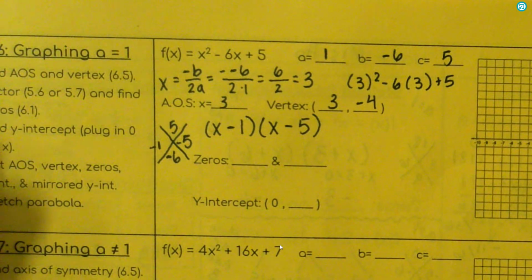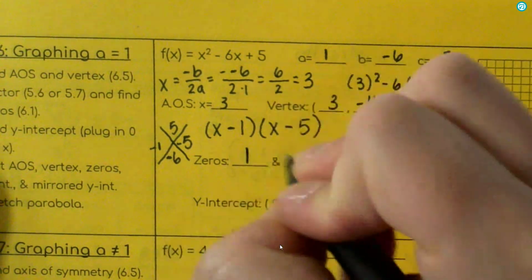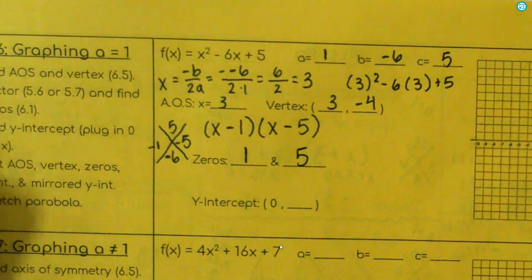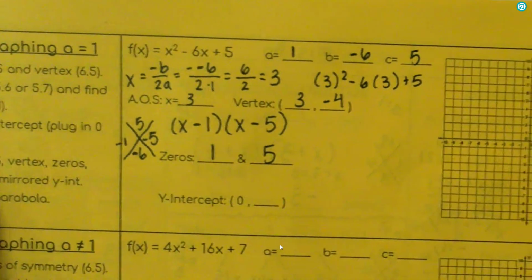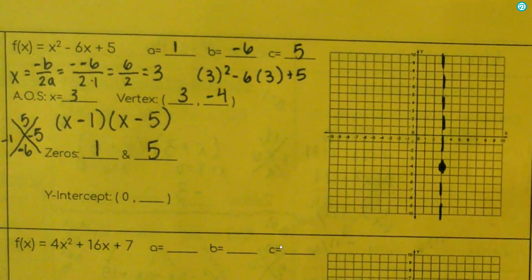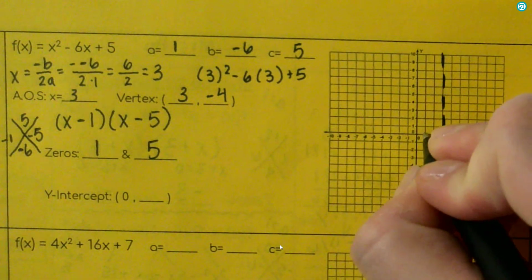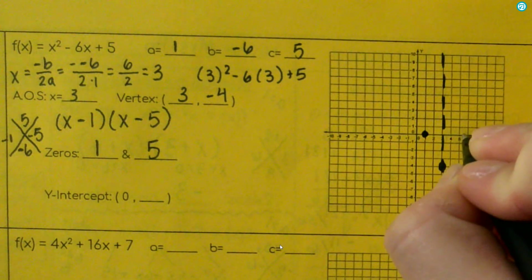And then my zeros will be positive 1 and positive 5. That's the opposites. So over here on my graph, I can graph those at positive 1 and positive 5.